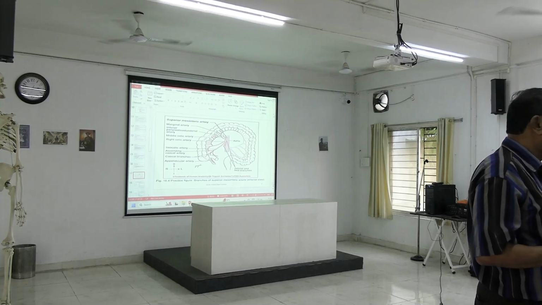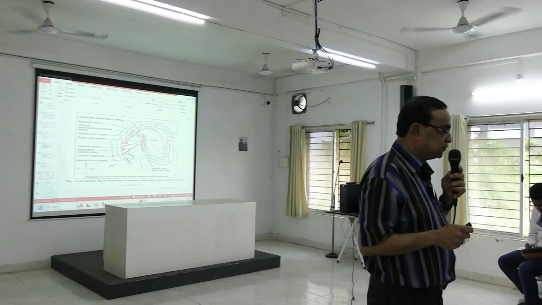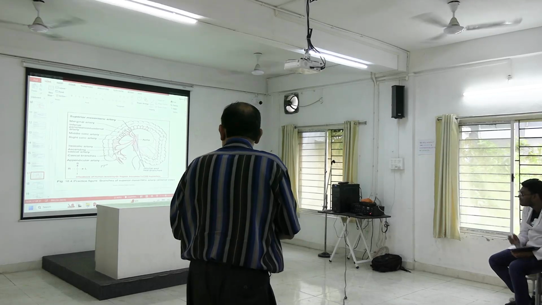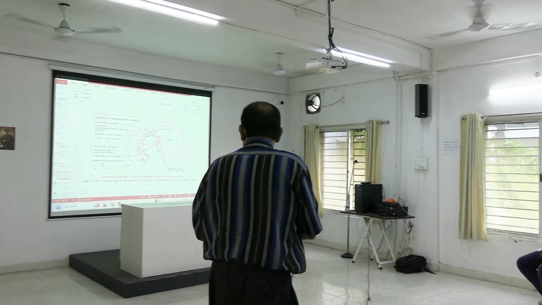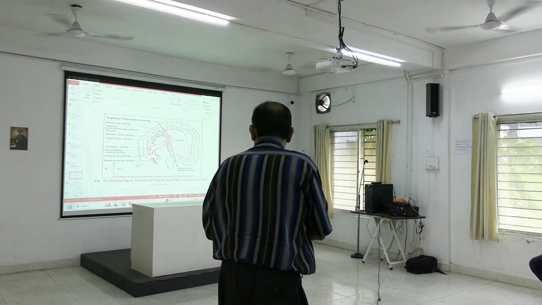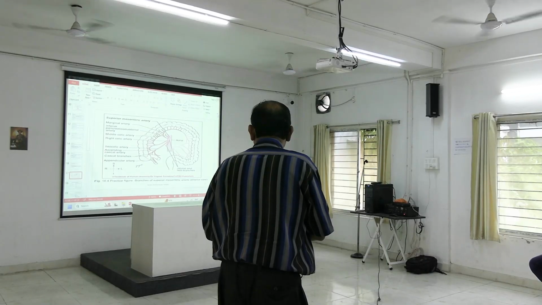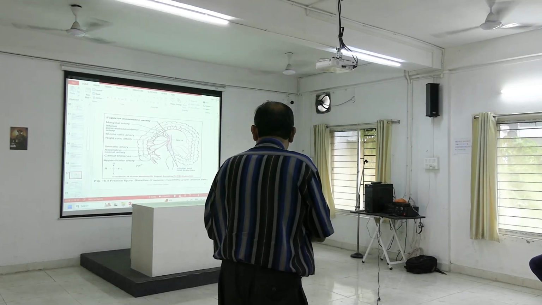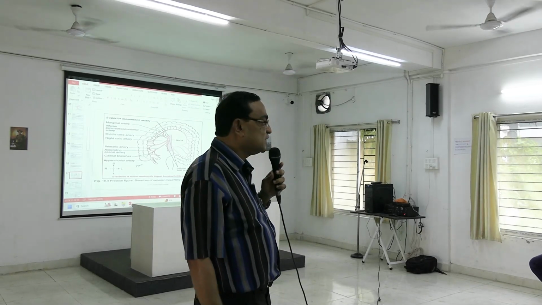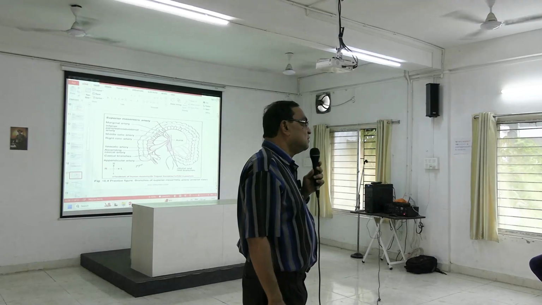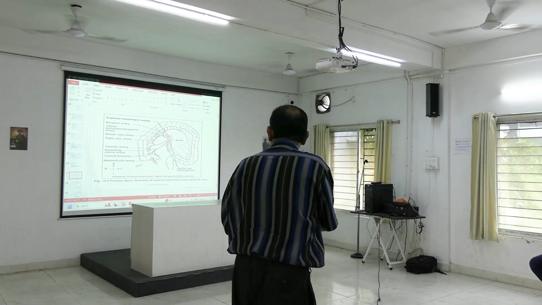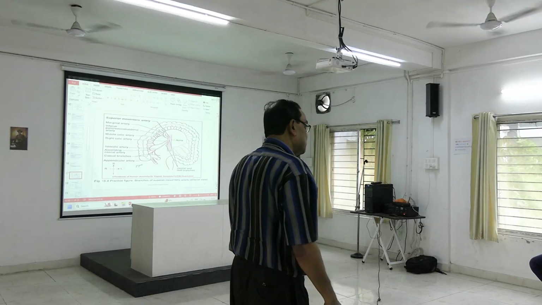So we must have some idea about the colon. This is the junction between the small intestine and the large intestine. The small intestine we are getting, this is the terminal part of the small intestine, which is called the ileum. Other parts, duodenum, jejunum and ileum, are not shown in this figure.